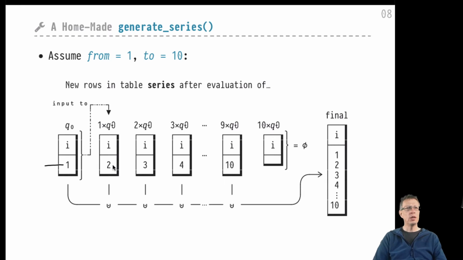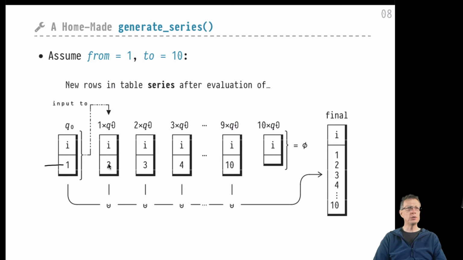And this is the result of the first recursive evaluation. It's a new row that we have not seen so far. It would not be thrown away; remember the set difference in the semantics of the recursive common table expression in the union variant. So this is a new row. It would be kept. You see, it would be added to the result here that we accumulate over time to then generate the final result in the end.